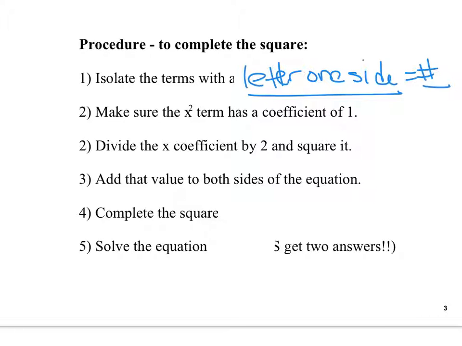Every other time we always set it equal to 0. Not this one. So it's letters equal a number. The x squared term has to be 1. And then we do these things. We divide the middle term by 2, and then we square it. Add that value to both sides, complete the square. Solve the equation, and you always get 2 answers.